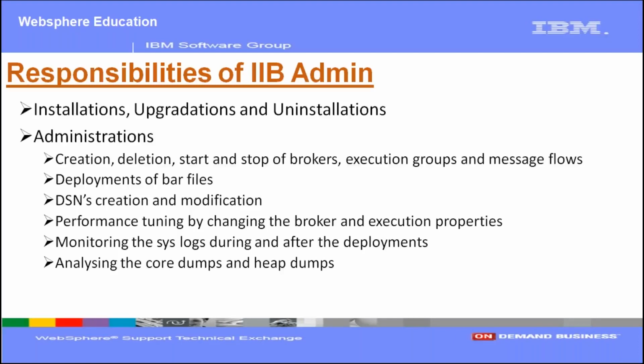Heap dump means if there is a memory issue of any application in the server, then a heap dump will be generated. These core dumps and heap dumps of IIB can be generated quite frequently. You said core dump is when an application is stopped improperly? Yes, exactly. When an application is stopped improperly, then a core dump will be generated.